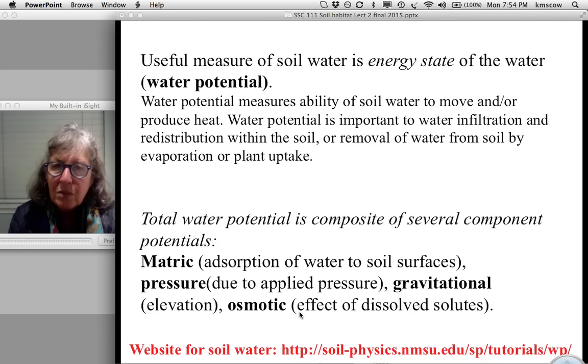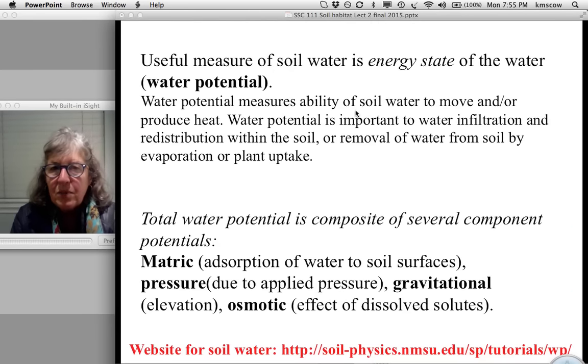And that's a much more useful and predictive measurement of soil water than just, say, water content, which would be like what you measure in lab, the gravimetric moisture content, how much water is there, and you use an oven to dry it down and look at the difference in the weight before and after.